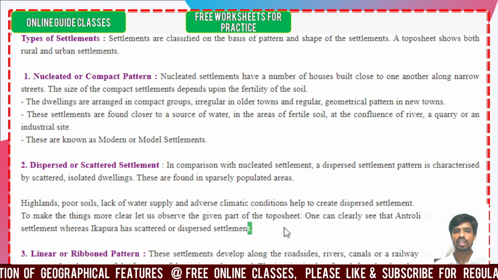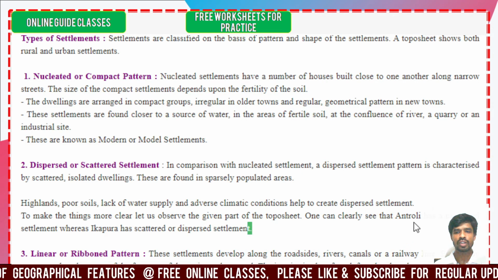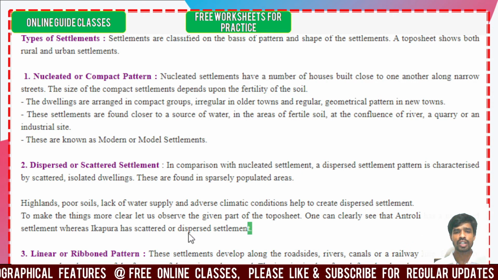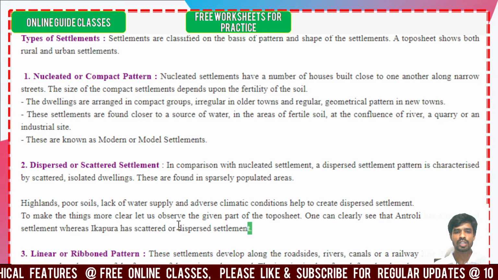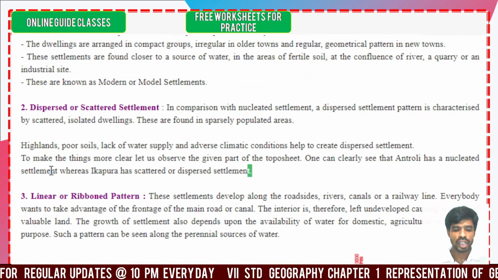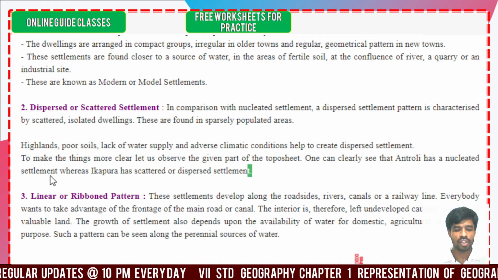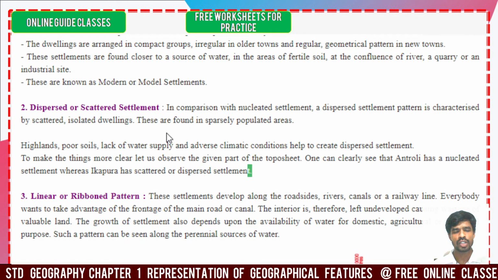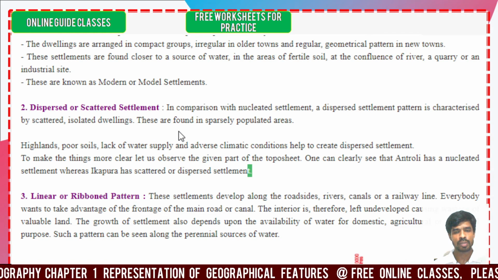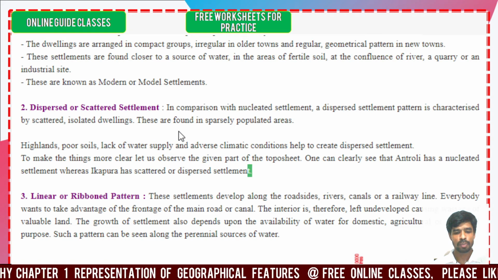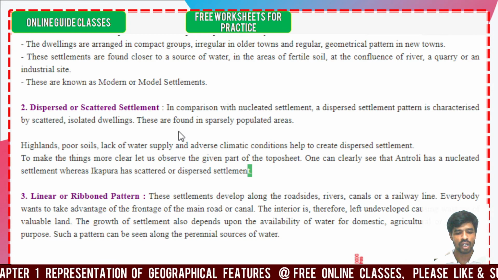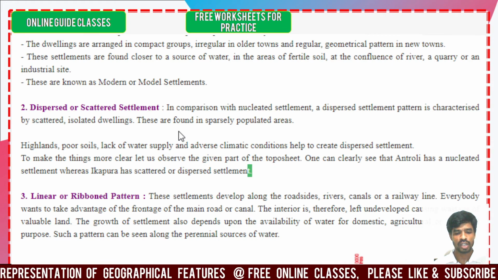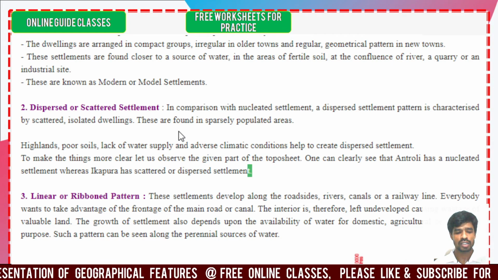It is given clearly what is the difference between nucleated and dispersed or scattered settlement. In areas not suitable for living, mostly you find this in Punjab, Haryana, some parts of Gujarat and Rajasthan. People live near the farms, they look after their farms and they live in scattered areas.